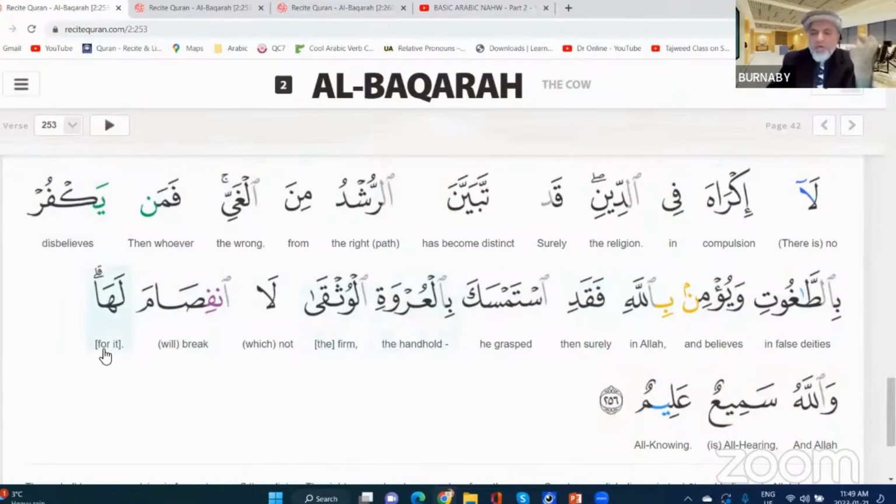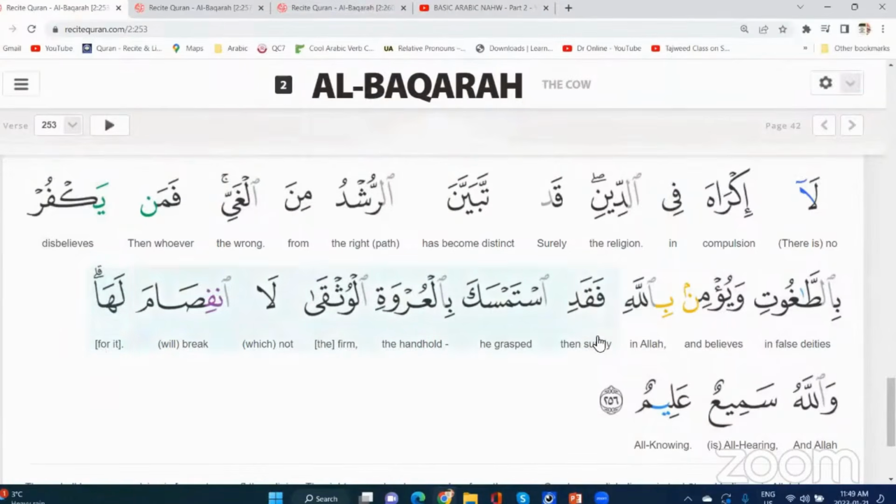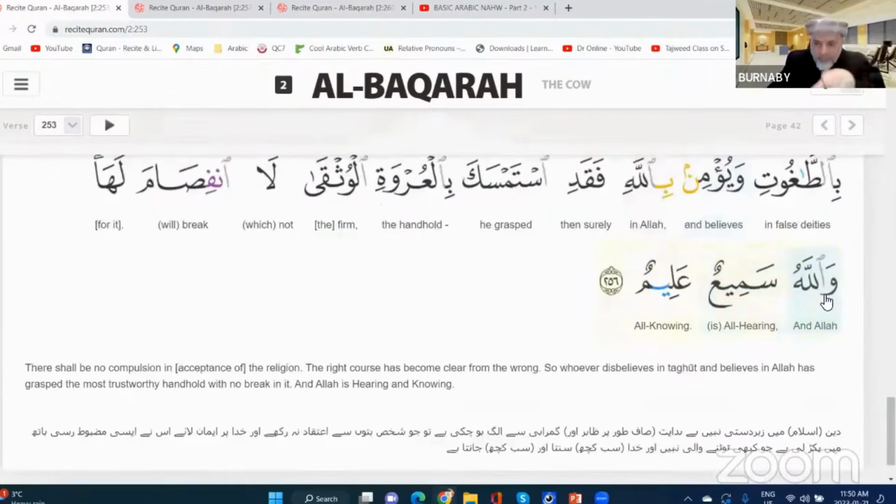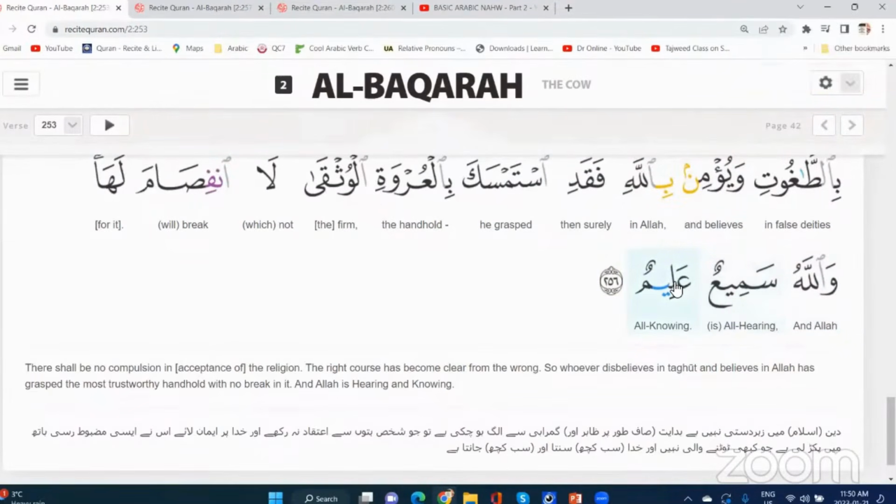Who are you holding the hand of? Allah subhanahu wa ta'ala. Why? Wallahu Samiun Alim.